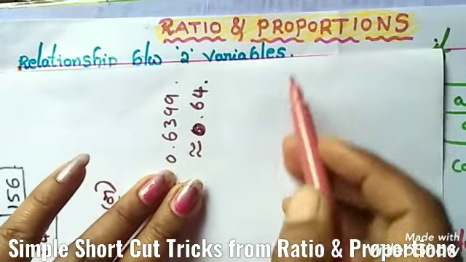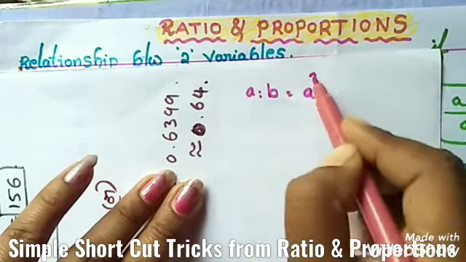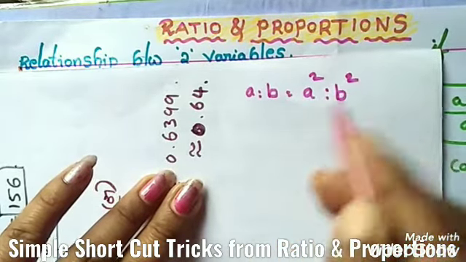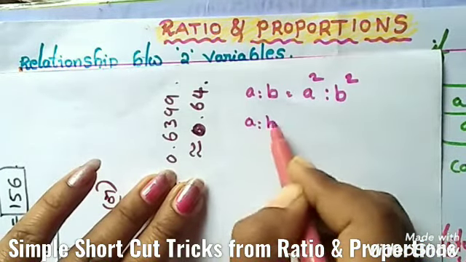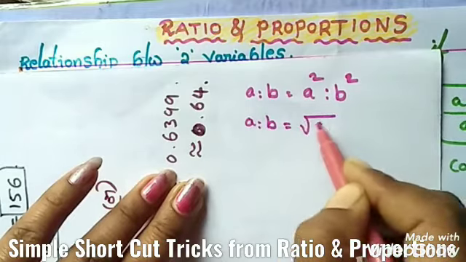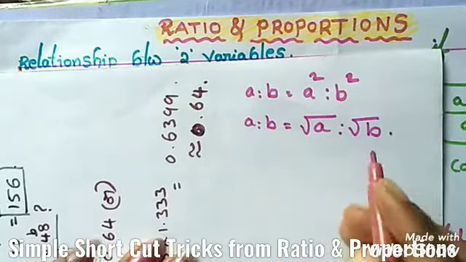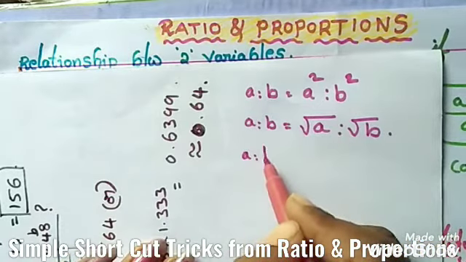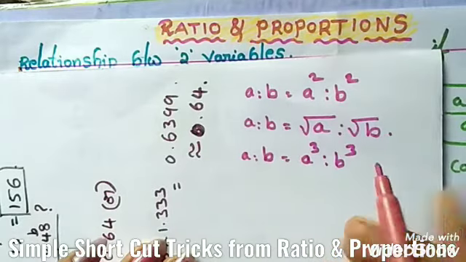Okay, now let us see some more formulae which are involved in ratio and proportions. Suppose square ratio of A is to B, that should be A square is to B square. Now square root ratio of A is to B, that should be root A is to root B. Now in case of cube ratio of A is to B, that is A cube is to B cube.